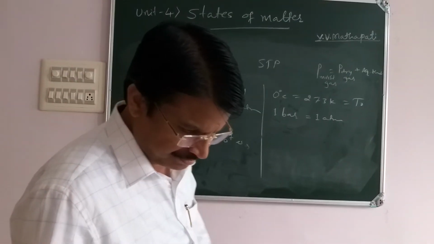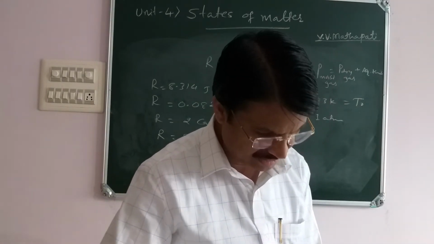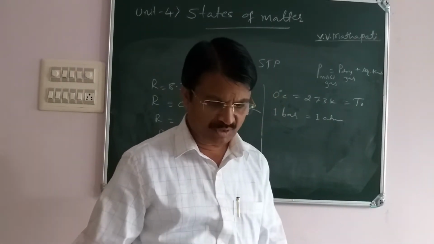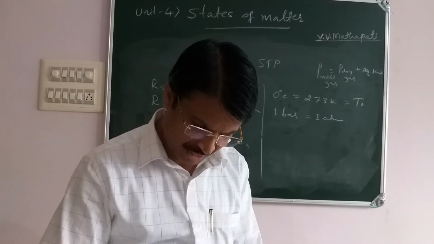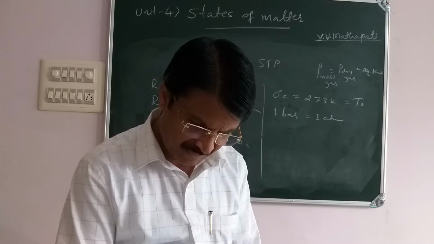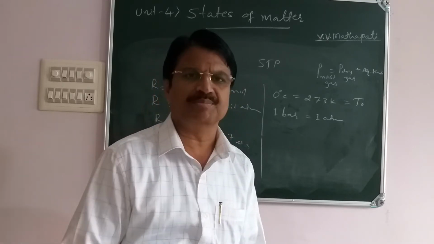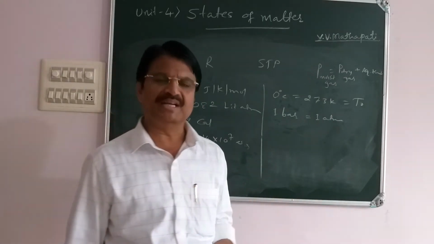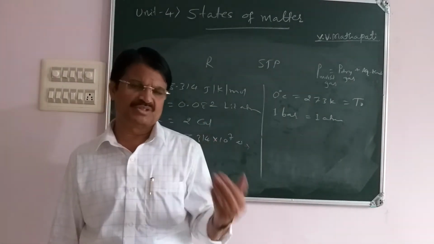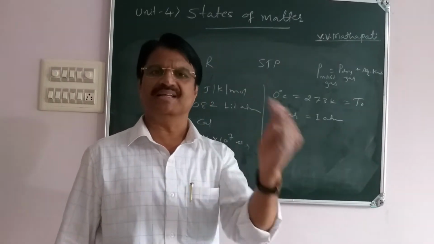Next, I mostly covered all the points. There is theory, whatever you studied, all the laws, and especially the van der Waals equation and Z value, liquefaction of gases, critical temperature, critical volume, and Boyle temperature. Boyle temperature is the temperature at which a real gas behaves as an ideal gas.